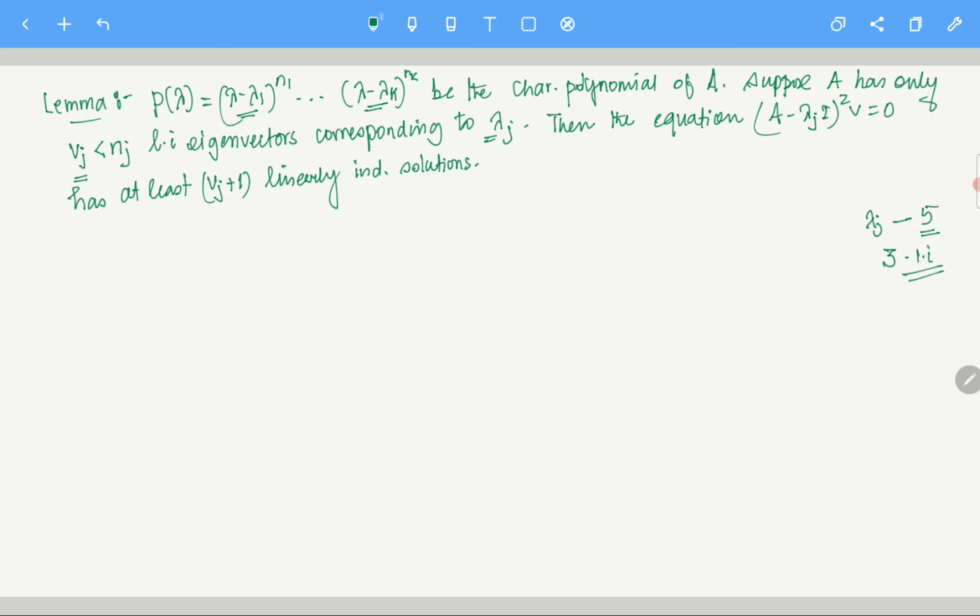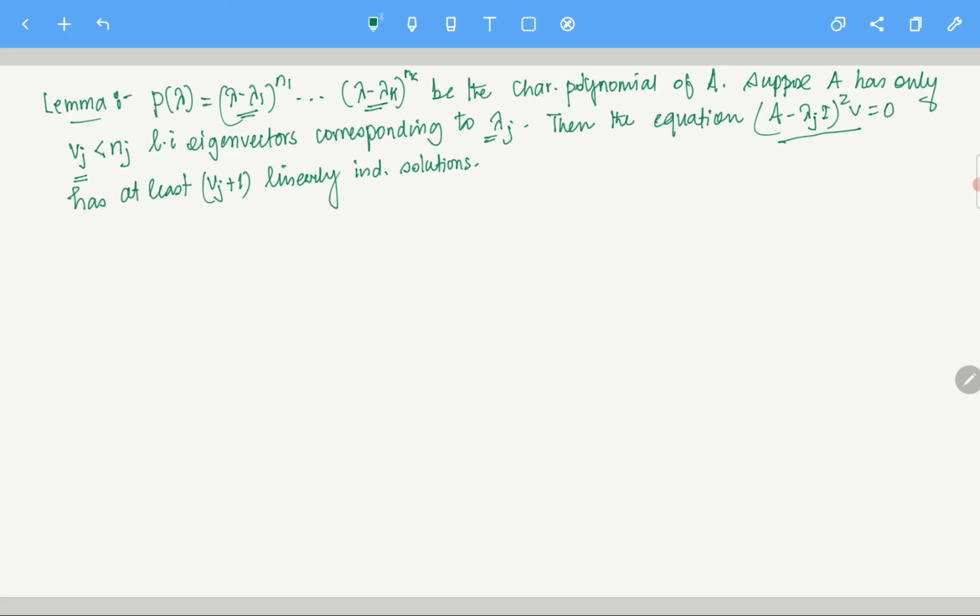Then if you look at the equation (A minus lambda j I) squared v, that equation will have at least 3 plus 1, 4 linearly independent solutions.